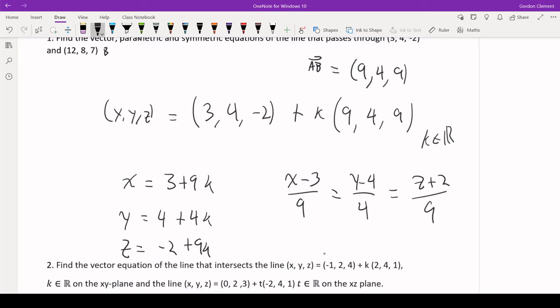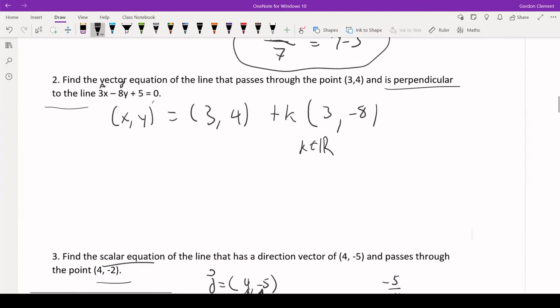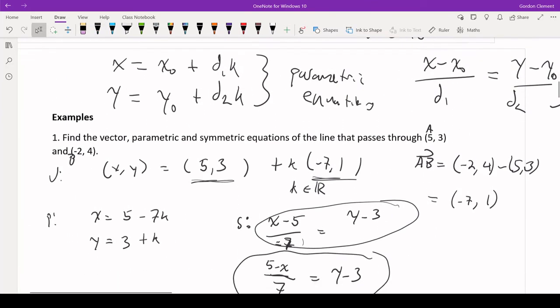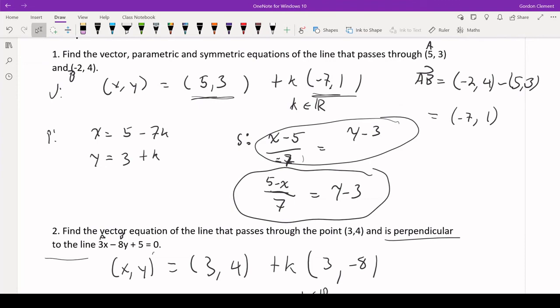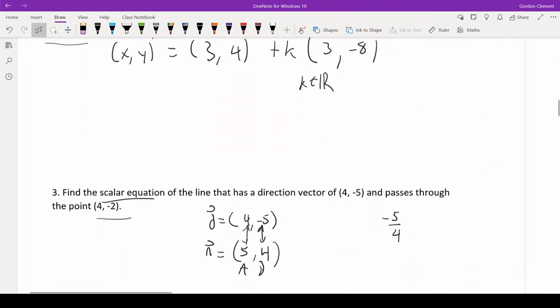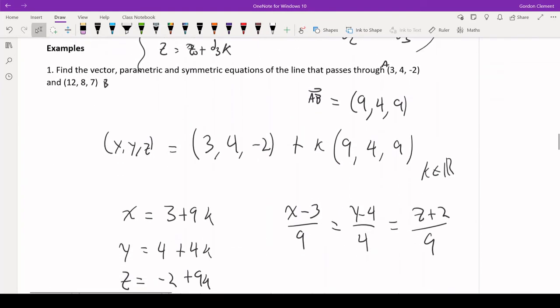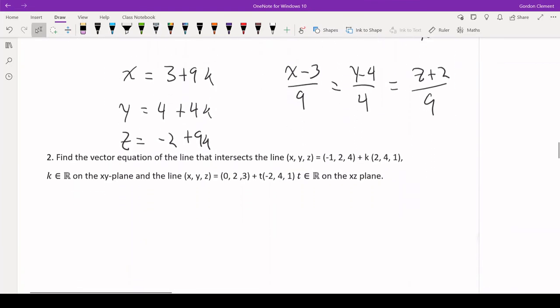There's my symmetric equations. So exact same problem as the first one we did in 2D. Now we've just got this third component to it. Exact same steps, nothing fancy.